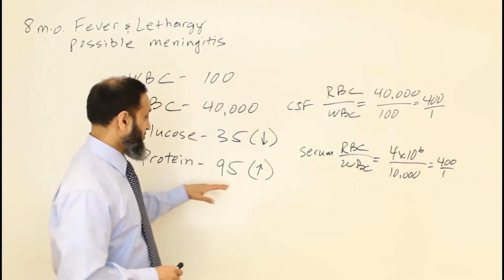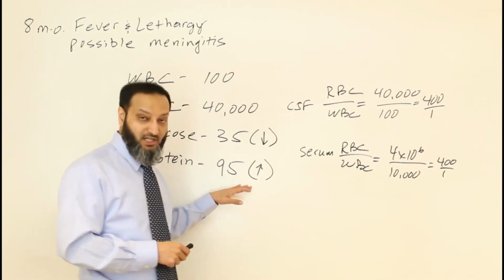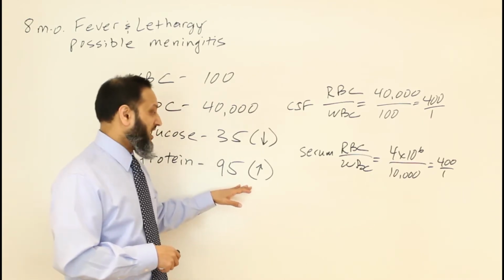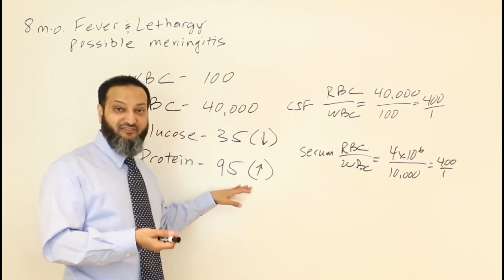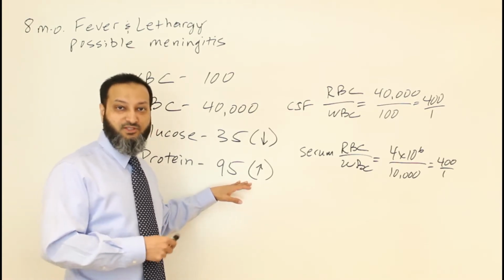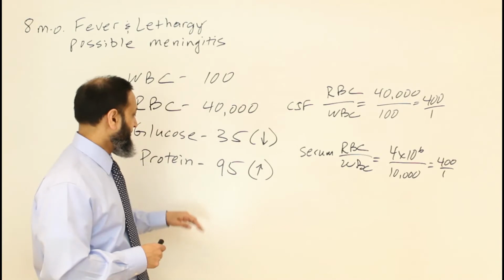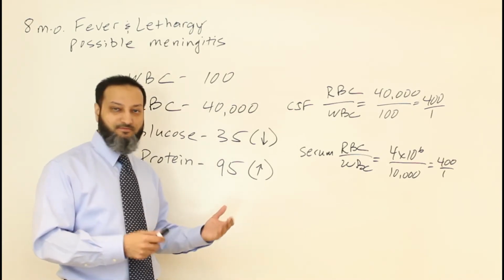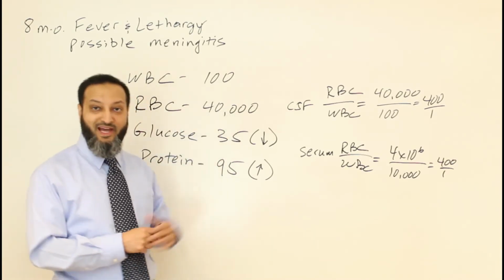Then the next question is, why is the protein elevated at 95? Again, if this child does not have meningitis, because you worry about elevated protein suggestive of meningitis. So the protein is high for what reason? Because it's a traumatic tap.